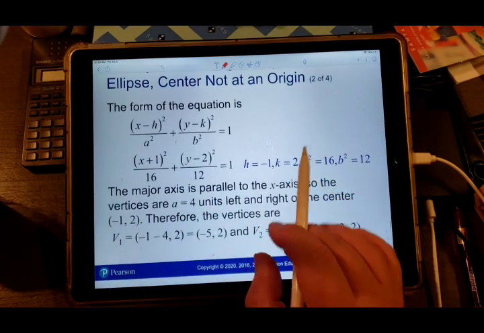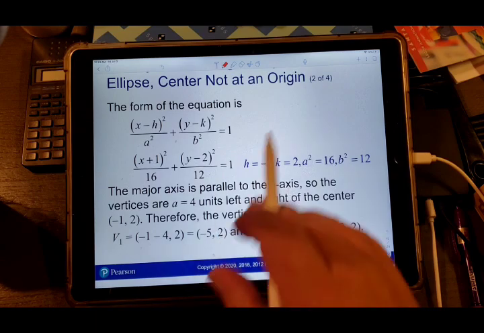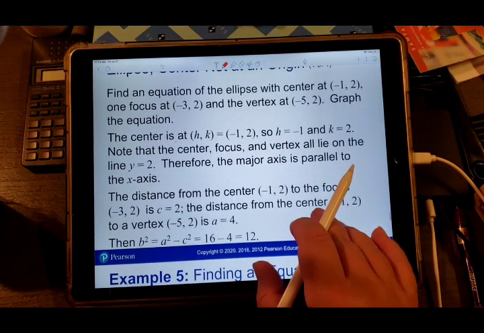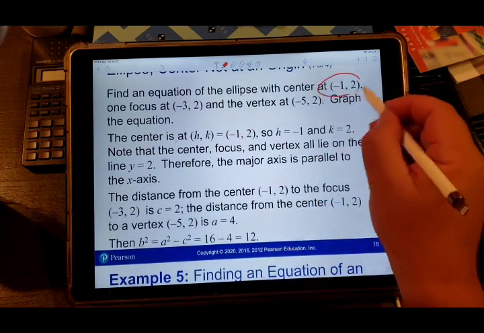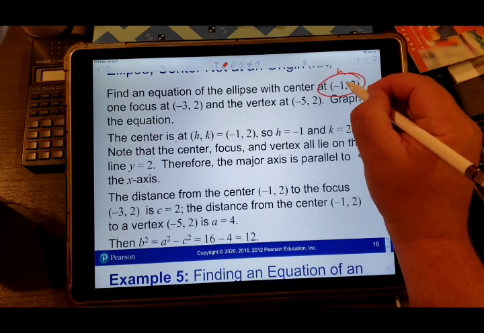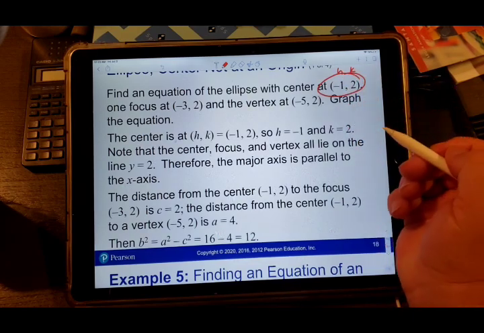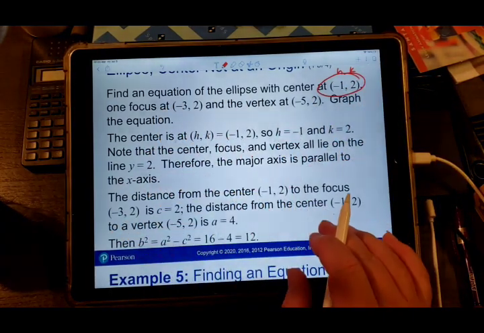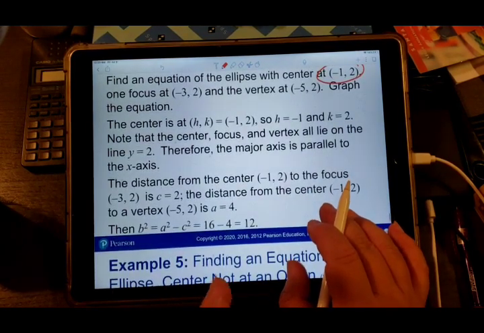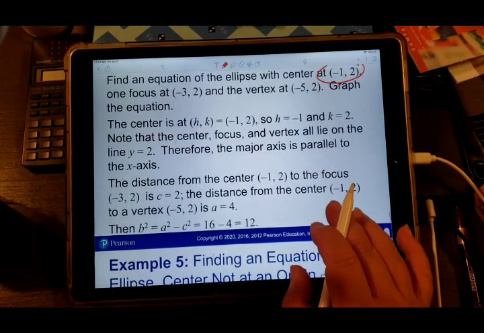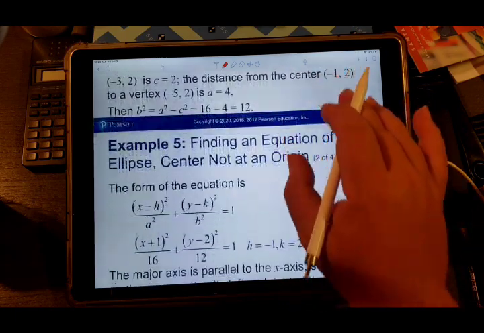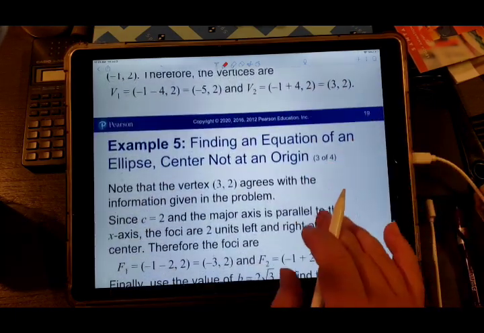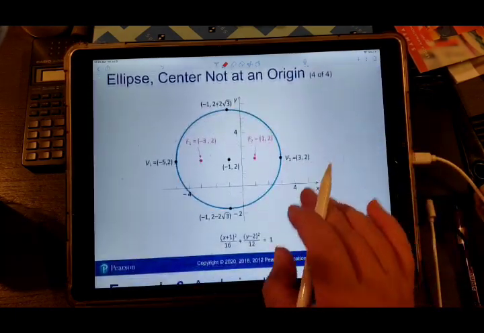All right. So in this problem, they had just told us that the center was -1, 2. So h is -1, k is 2. Then they gave us the focus and the vertex. Let's see, -3, 2. All right. So first things first, draw the picture.